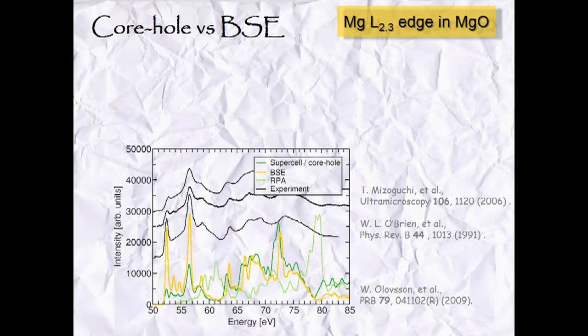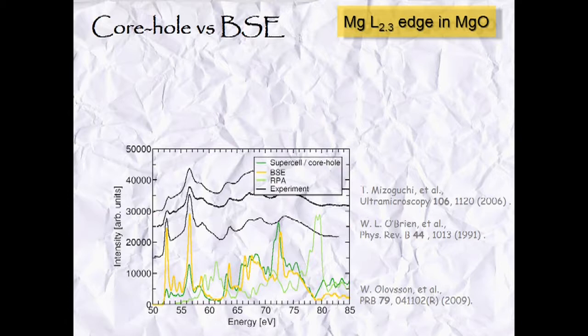So excitons are obviously very important here. But then you see the two solutions. One is the solution of the Bethe-Salpeter equation in yellow, and the other in green is the supercell core hole approach. You see the peak structure is very similar, but there are distinct differences, in particular in the oscillator strengths.